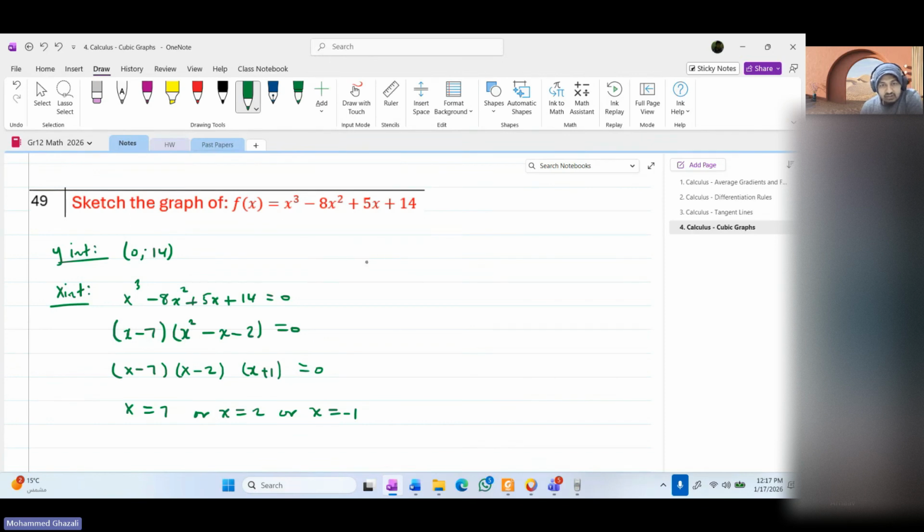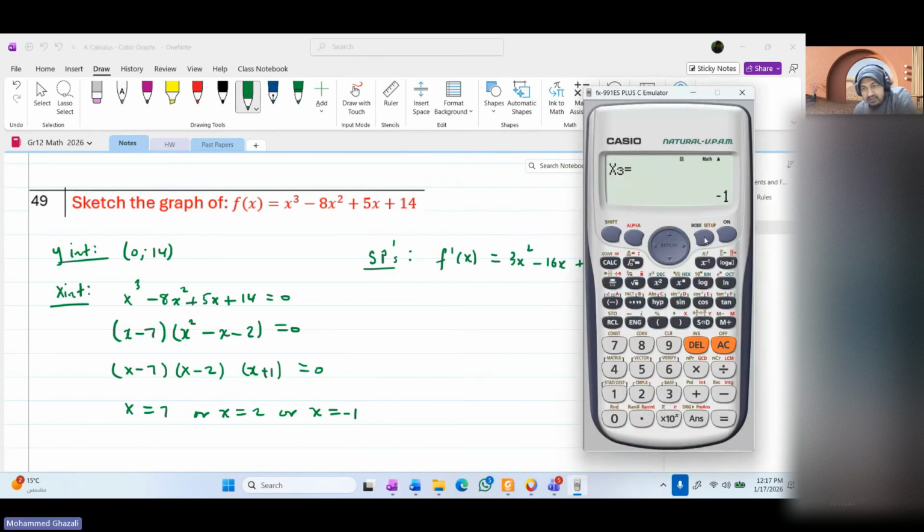Now I'm finding the stationary points. f'(x) will give me 3x squared minus 16x plus 5 equal to 0. Let me see if that works out: 3, minus 16 and 5.